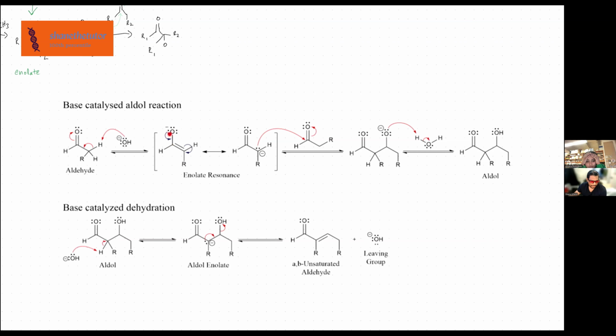So when this comes back down, it will push the electrons from this double bond to make that negative carbon. And that negative carbon can act as a nucleophile and attack another one of these starting molecules, like the starting aldehyde. And when it attacks that, it's going to form this structure here.